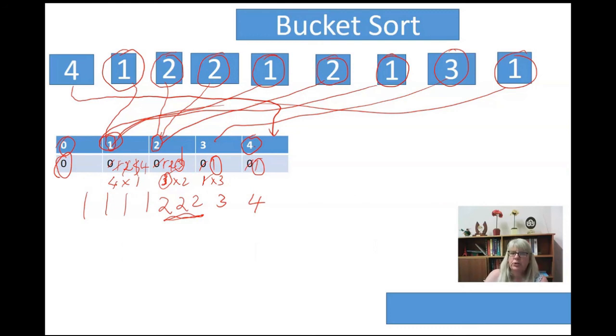So bucket sort is kind of easy to know, but it's kind of hard to explain. So if you do this in the exam, you really need to write in words what you are doing. Otherwise you won't get your marks. And let me say this carefully. If this question is 10 marks, explain in your own words with the aid of a diagram how bucket sort will sort these numbers.